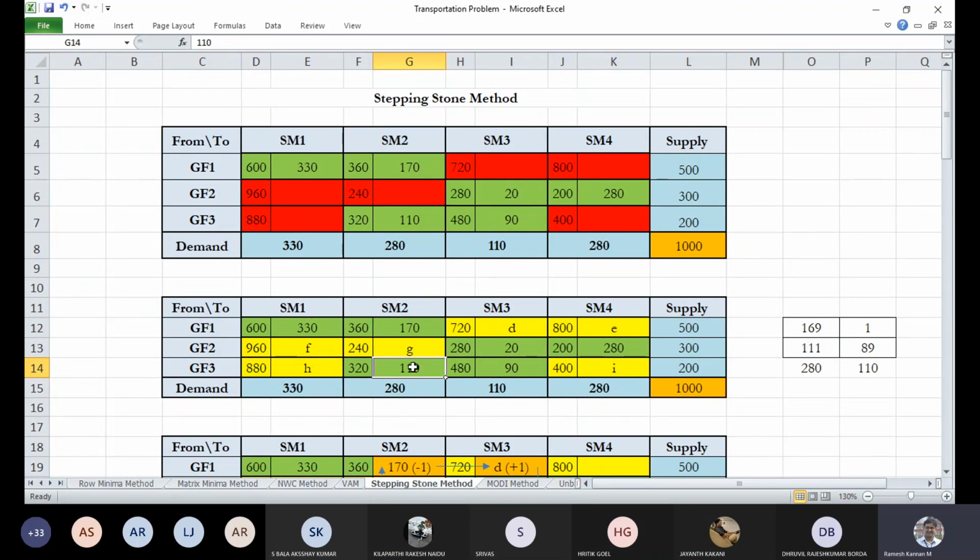Or if you take F here, it goes here and here, and from here, it does not seem like a closed loop. But there's actually a loop, if you think of it in a different way, you'll get a loop.